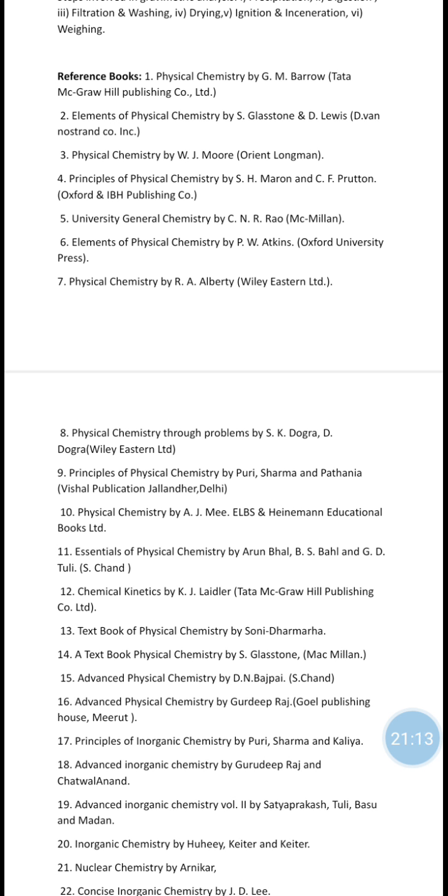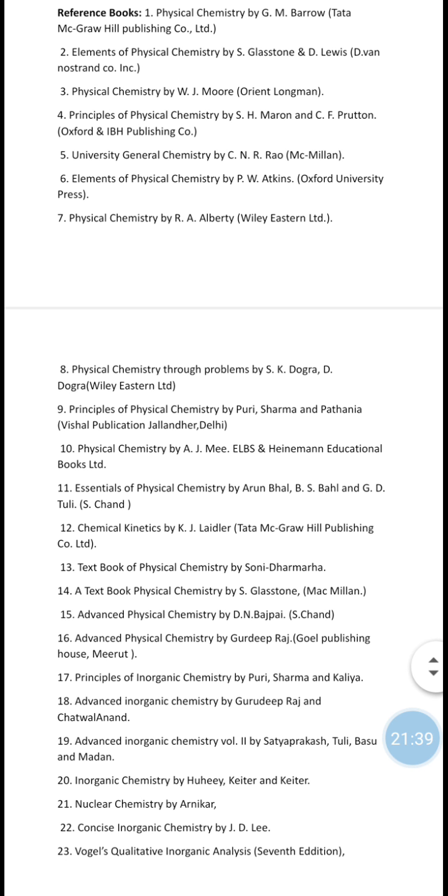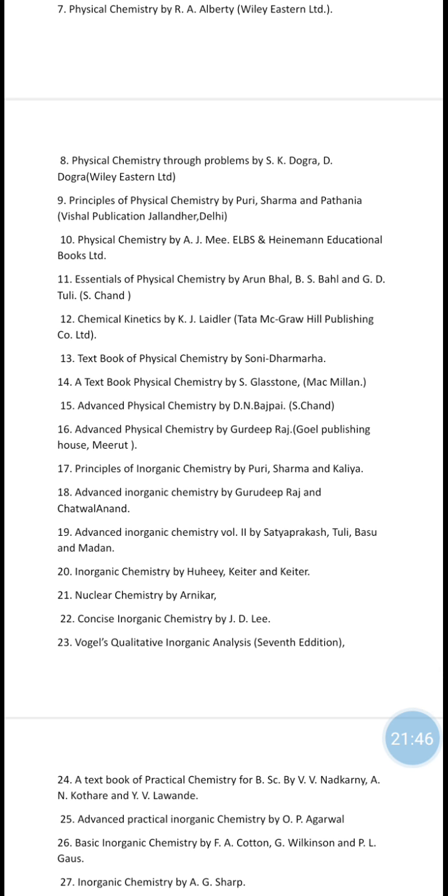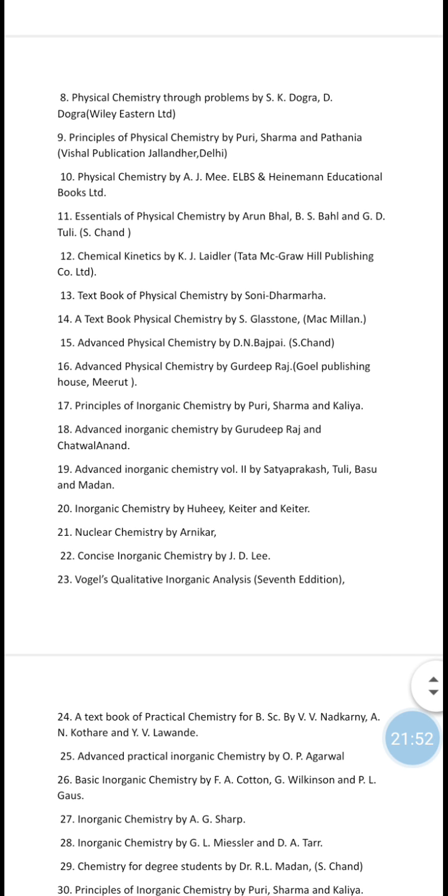for your further study, and these are Physical Chemistry by Barrow, McGraw-Hill publication, then Elements of Physical Chemistry by S. Gladstone and D. Lewis, then next is University General Chemistry by C.N.R. Rao, Macmillan publication, then Elements of Physical Chemistry by P.W. Atkins, Physical Chemistry through Problems by S.K. Dogra and D. Dogra, and the next one is very important, Principles of Physical Chemistry by Puri Sharma Pathania, Vishal publication, Jalandhar.